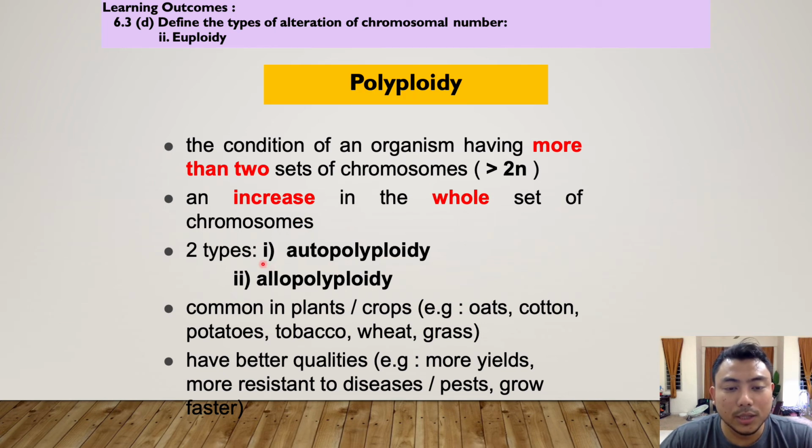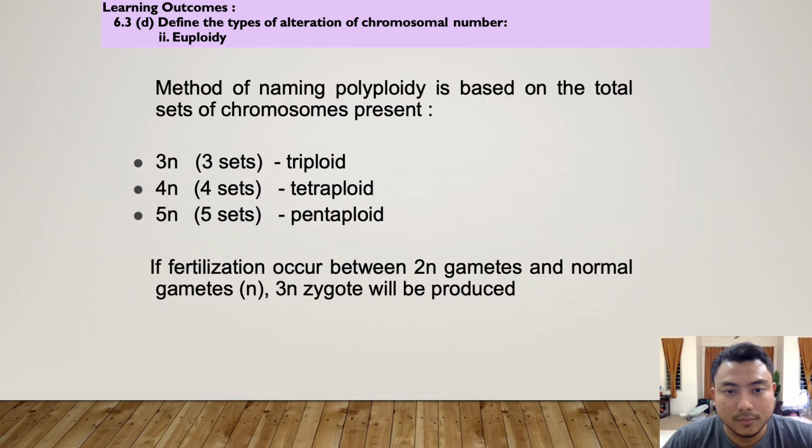So ada 2 jenis, autopolyploidy and allopolyploidy. These are common in plants, crops such as oats, cotton, potatoes, tobacco, wheat and grass, and they have better qualities, giving more yield, more resistance to disease and pests, and growing faster. The method of naming polyploidy is based on the total sets of chromosomes present.